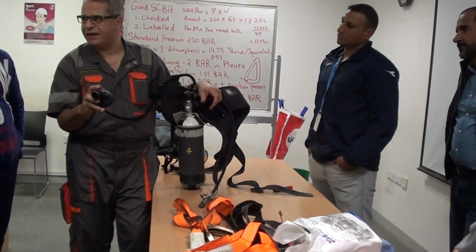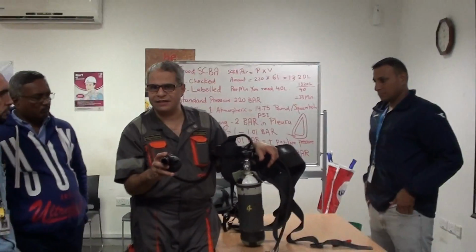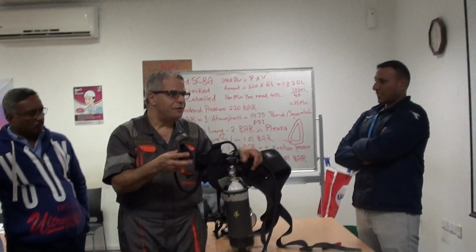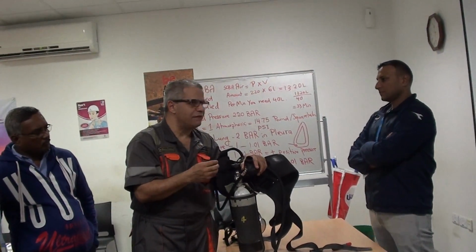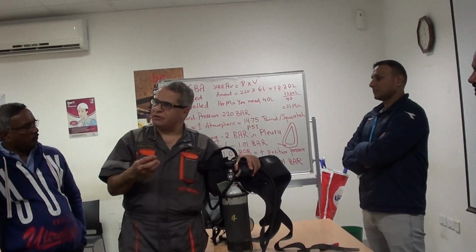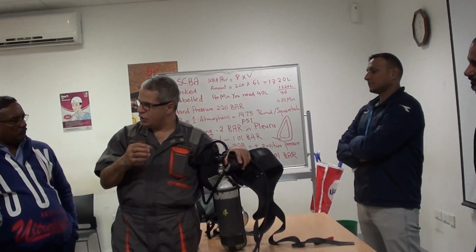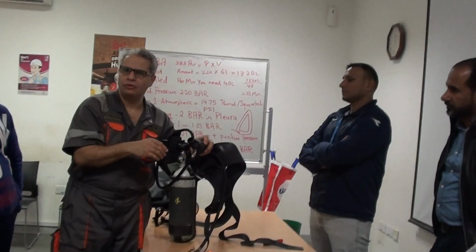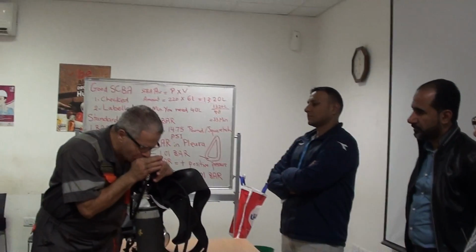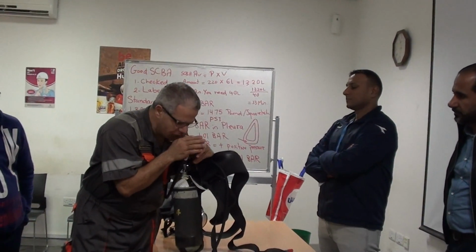This is the air arrest valve. How you test this demand valve? Why we call it demand valve? Because the moment you connect it to the mask and you inhale, it opens. How to test it? Very simple.